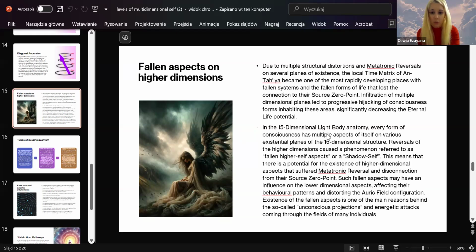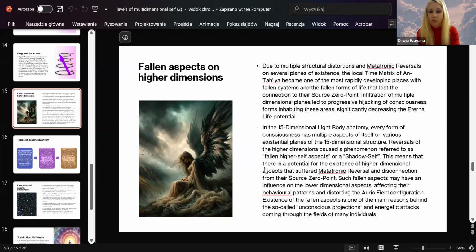This means that there is a potential for the existence of higher dimensional aspects that suffer the metatronic reversal, which is the reversal of their light body form, and disconnection from their source zero point. Such fallen aspects may have an influence on the lower dimensional aspects, affecting their behavioral patterns and distorting the auric field configuration.